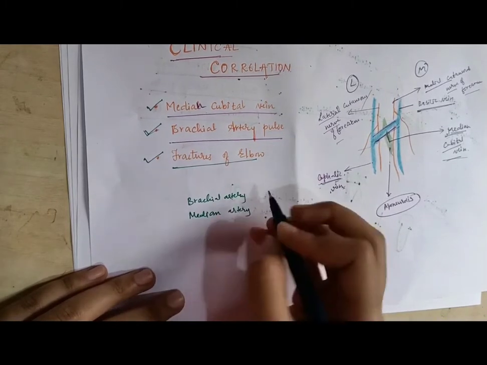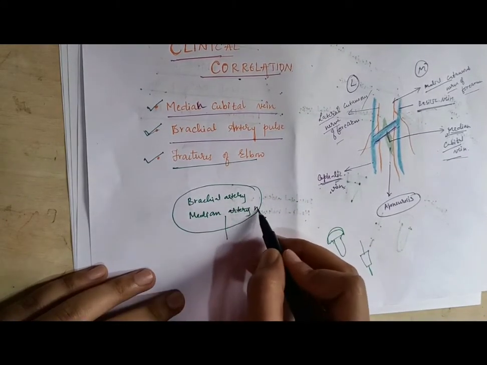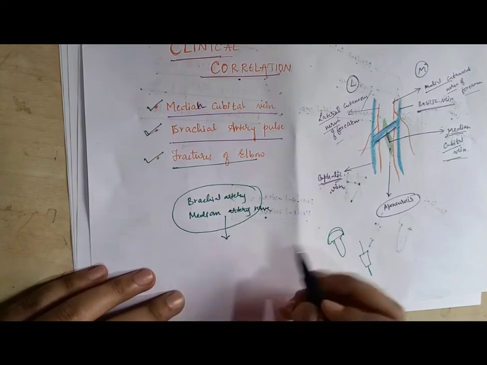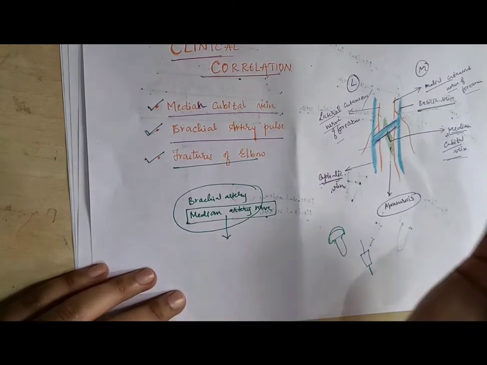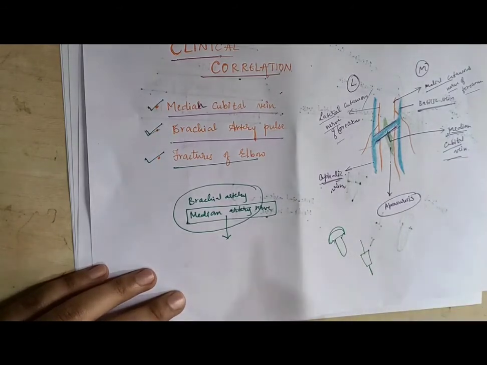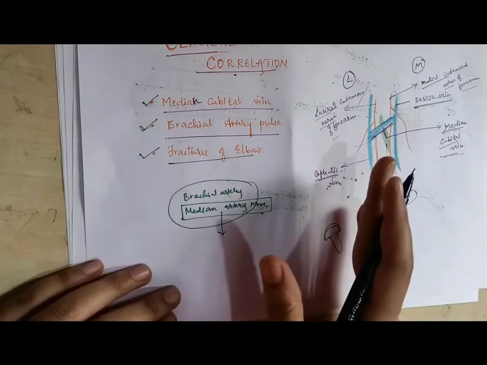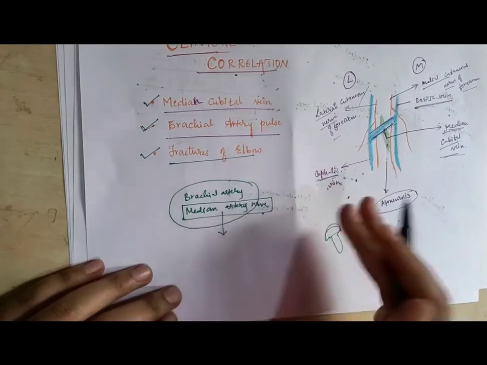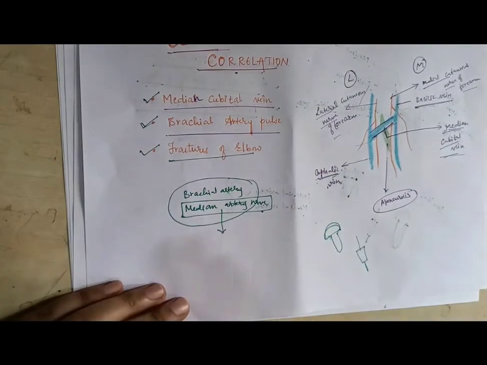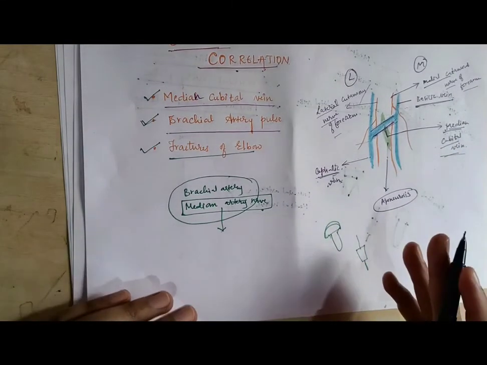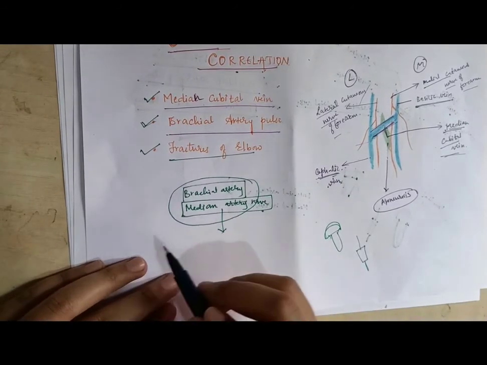These two are very important structures because the median nerve supplies the muscles of the forearm, that is the flexor compartment of the forearm, and if there is a fracture in your elbow, then there is paralysis of all the flexor compartment muscles. The forearm flexor compartment is paralyzed. Then you cannot flex. And then the brachial artery is also there.